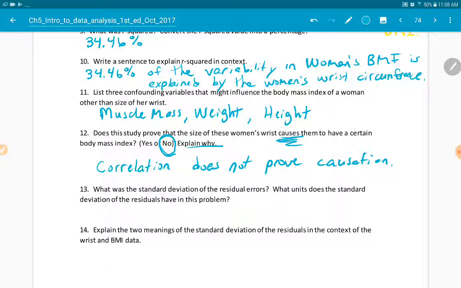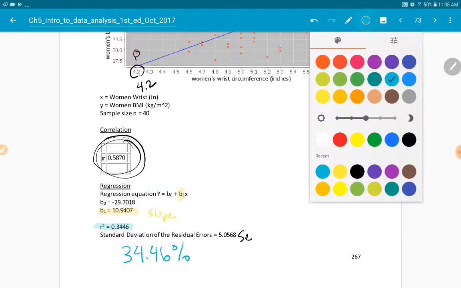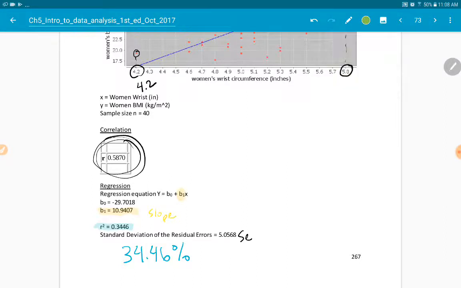Number 13, what was the standard deviation of the residual errors? What unit does the standard deviation of residual errors have in this problem? So our standard deviation of residual errors is down there in green.